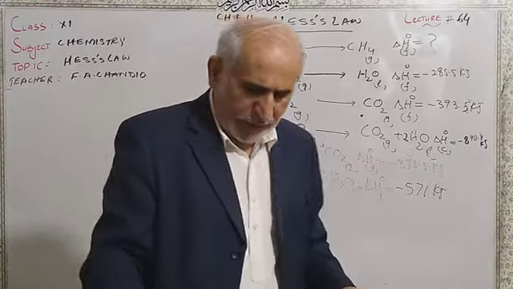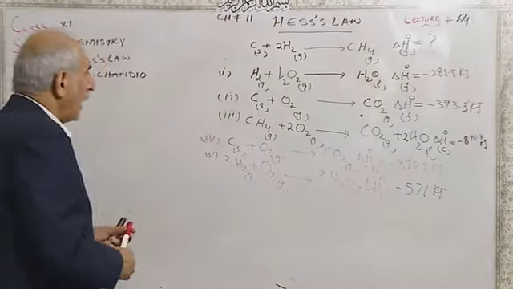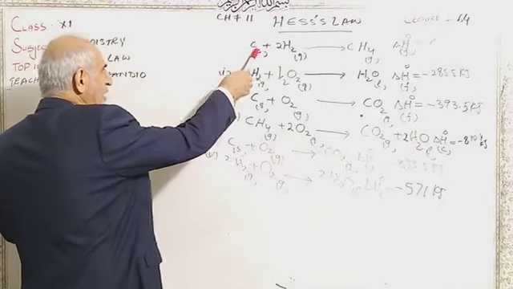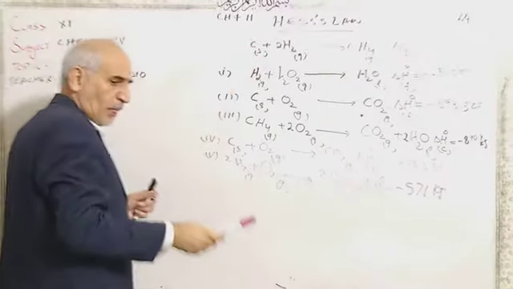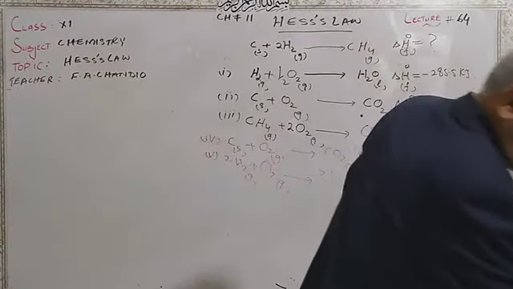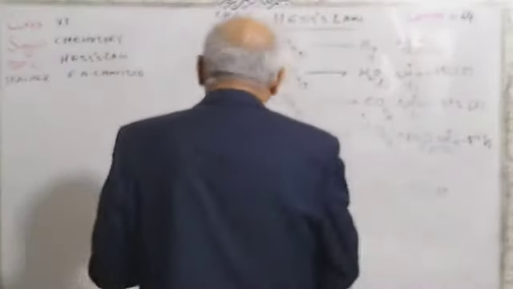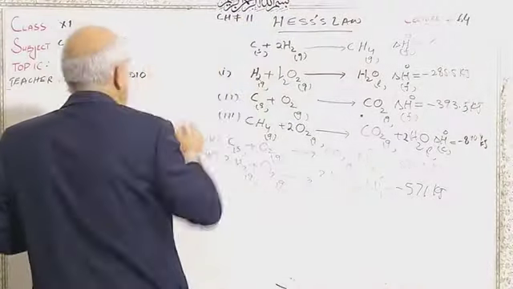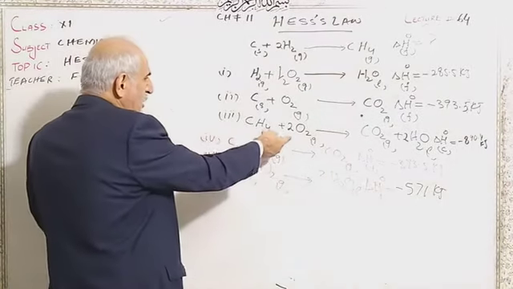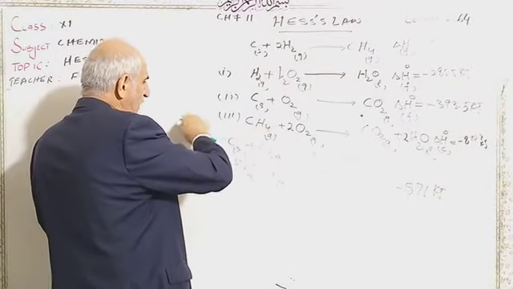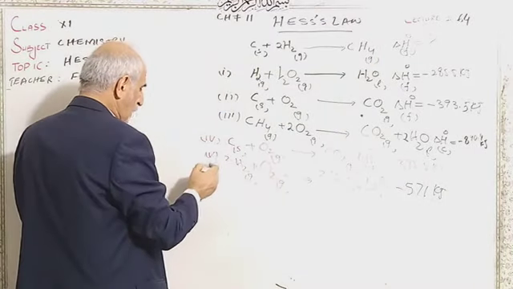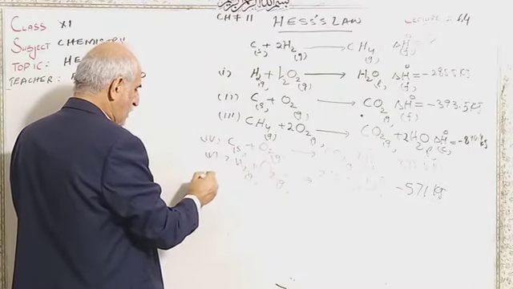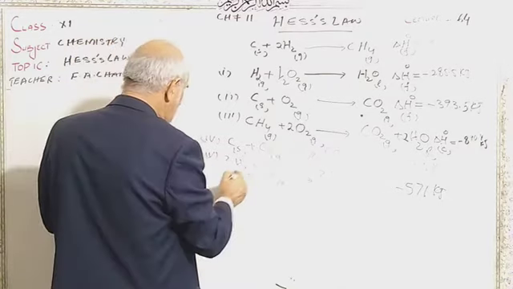So when you calculate this, and we want to get this equation, then you have to inverse this equation. This methane is on the reactant side, it must go towards the product side. So this is equation number 6. So I am going to reverse this.